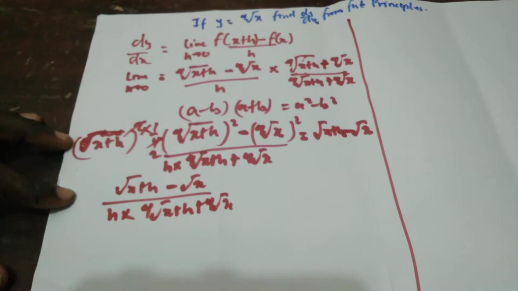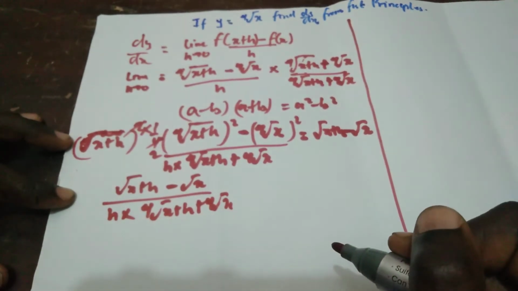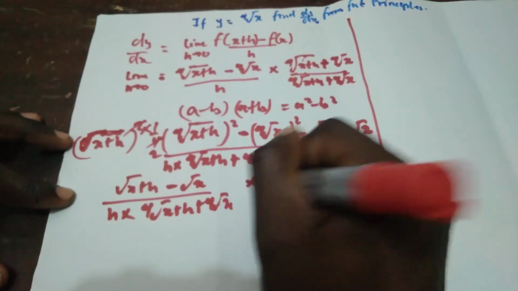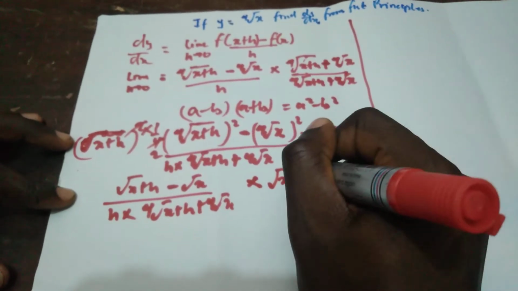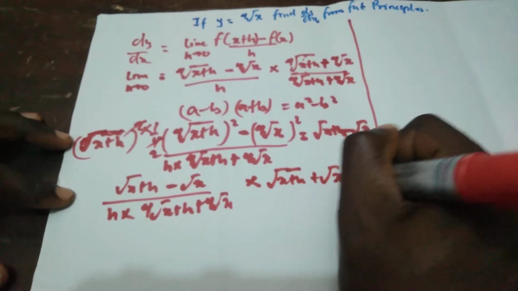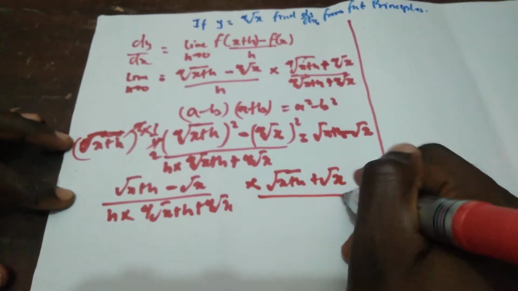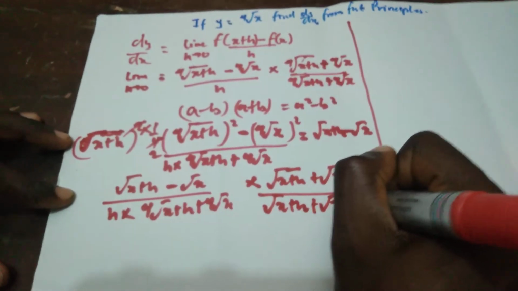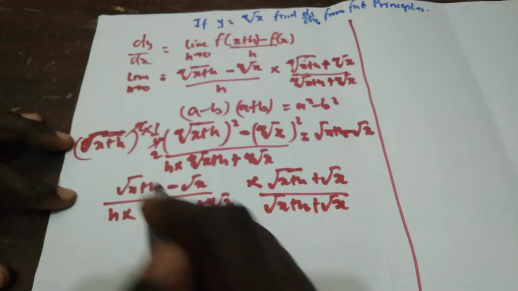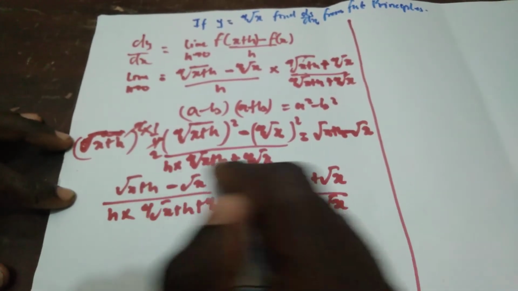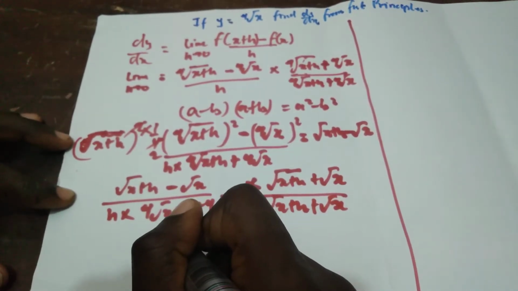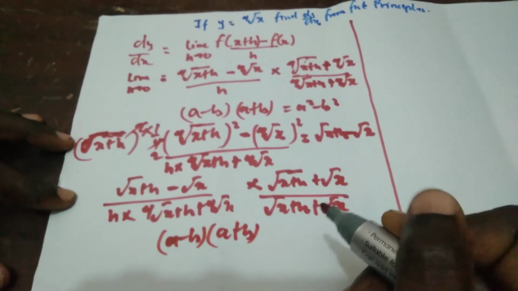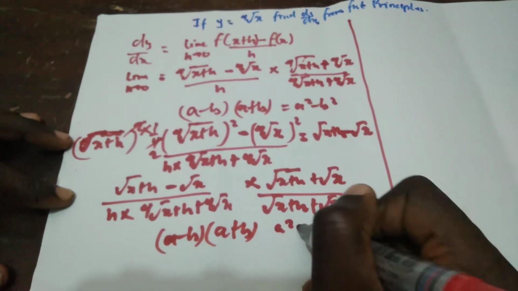Now multiply by another conjugate of this one, so here will be times root of x plus h plus root of x, over root of x plus h plus root of x. Again this is a difference of two squares, a minus b times a plus b, which gives a squared minus b squared.